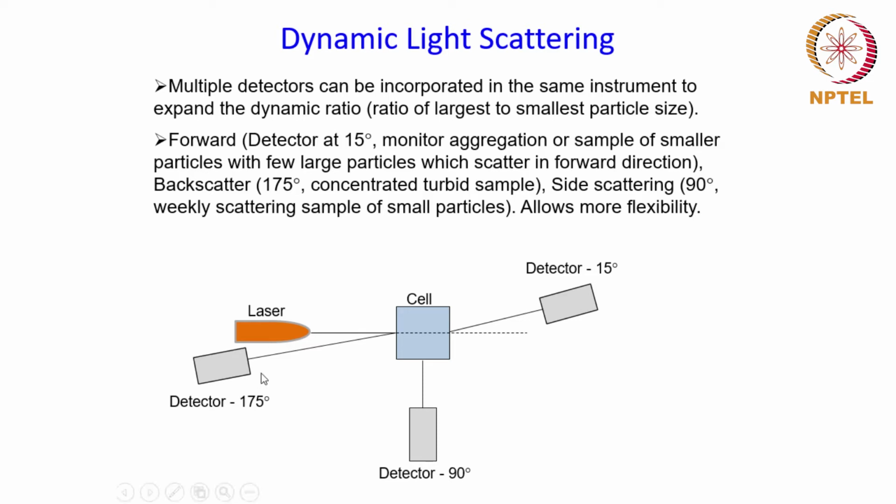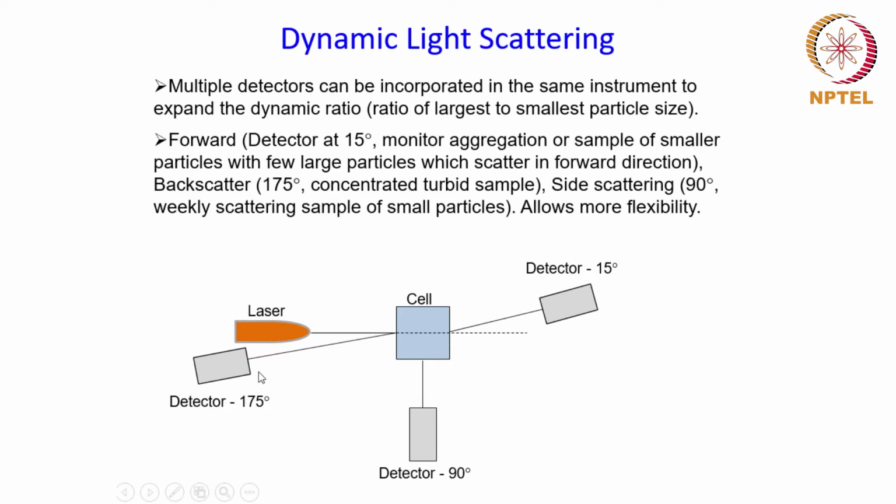And the other two detectors are there basically to capture the backscattered signal. This one is to capture the backscattered signal from the front wall of the optical cell, as I said before, and the one at 90-degree is used to capture the backscatter signals from the side walls.